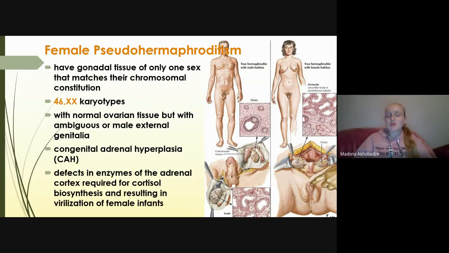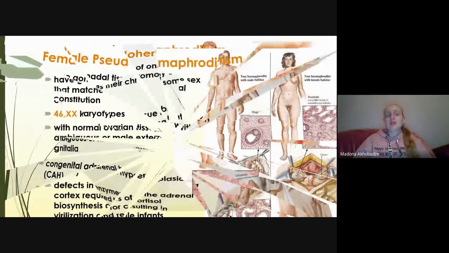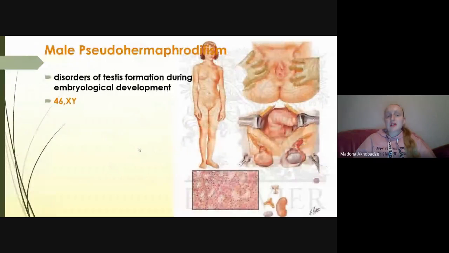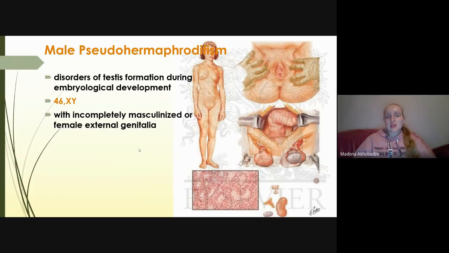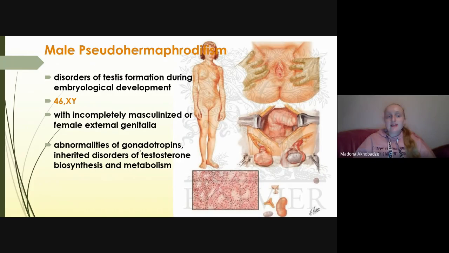Defects in the enzymes of the adrenal cortex required for cortisol synthesis result in virilization of female infants, such as having hair in places where they are not supposed to, and so on. About male hermaphroditism, the karyotype is normal male 46,XY, but they have a disorder of testis formation during embryological development, with completely feminized external genitalia.